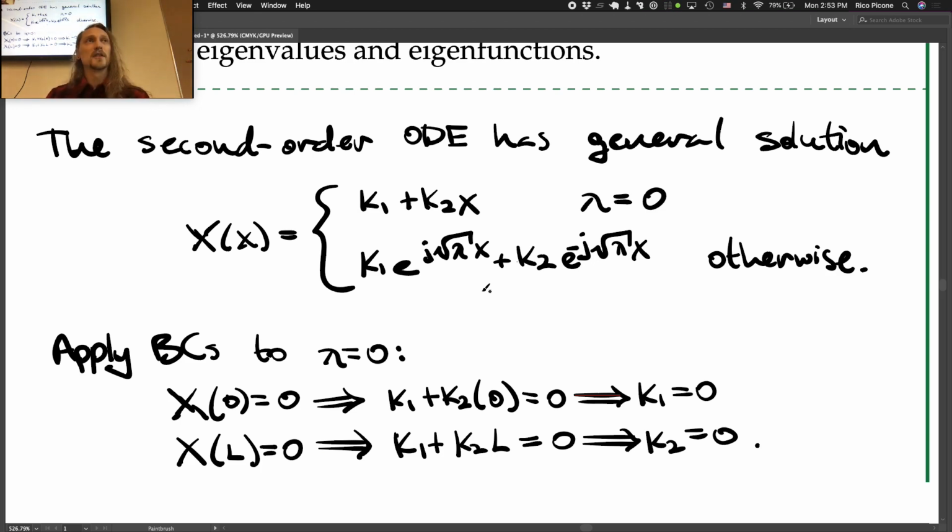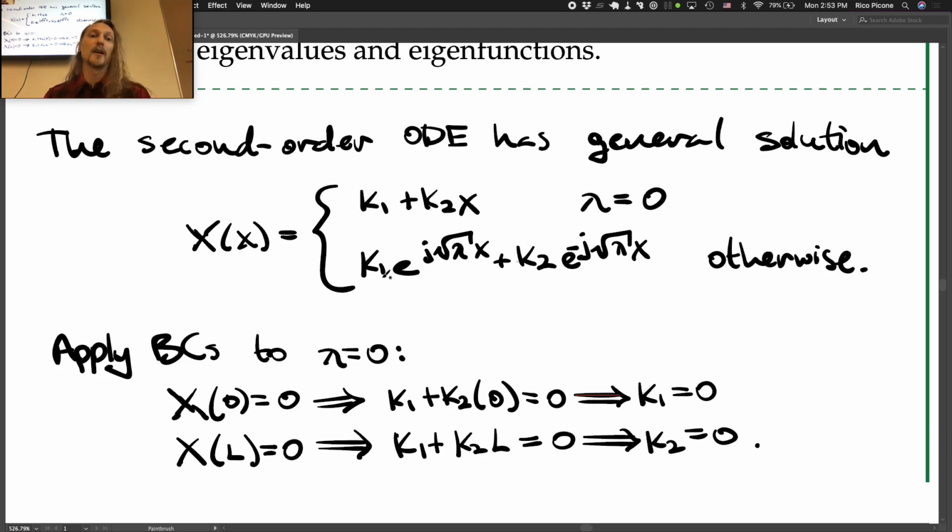Typically, when we have the general solution of the ODE, we would then need to apply the initial condition, right? To find out, specifically, this is a family of solutions, right? K1 and K2 can be any number. It solves a differential equation. But to satisfy the boundary conditions, we need some specific requirements on K1 and K2.